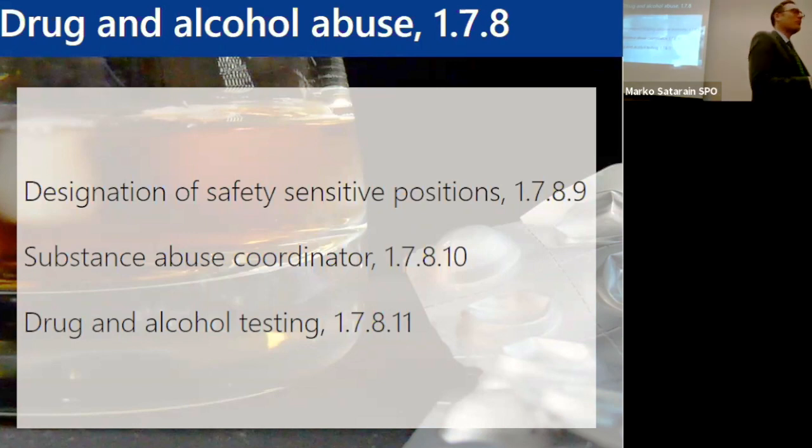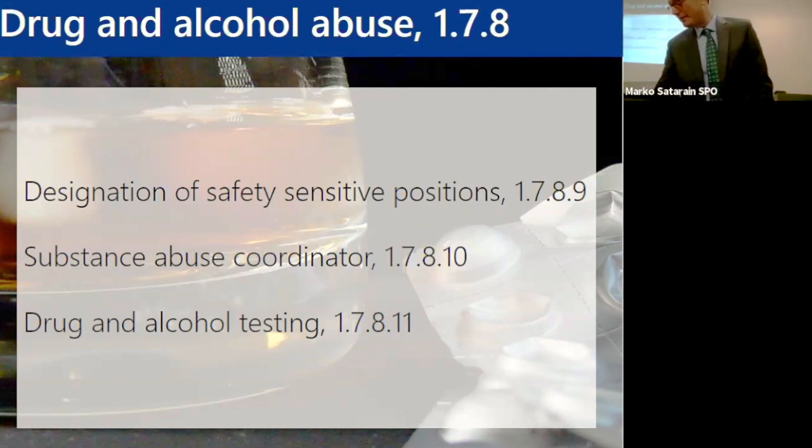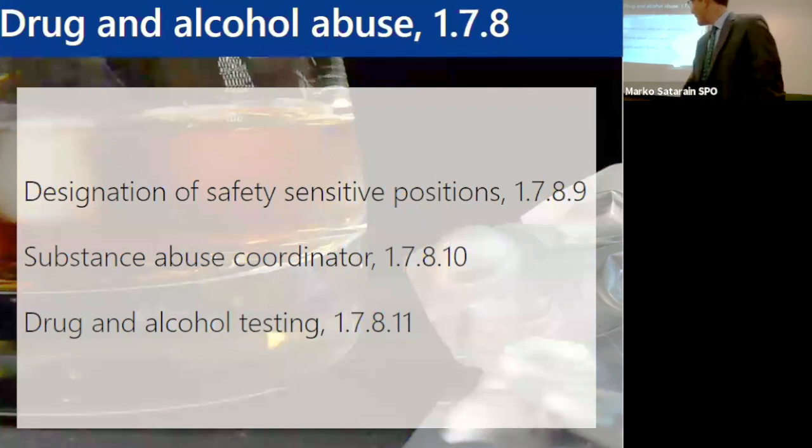The alcohol threshold is 0.04 for a positive test result. And of course, if they've gone to one of these treatment programs and they're tested within 30 to 120 days or something like that, any concentration can be seen as a positive test result. So that's a very strict threshold there.